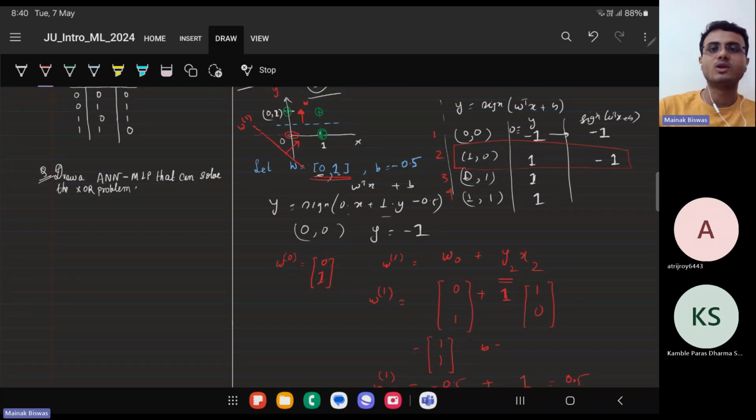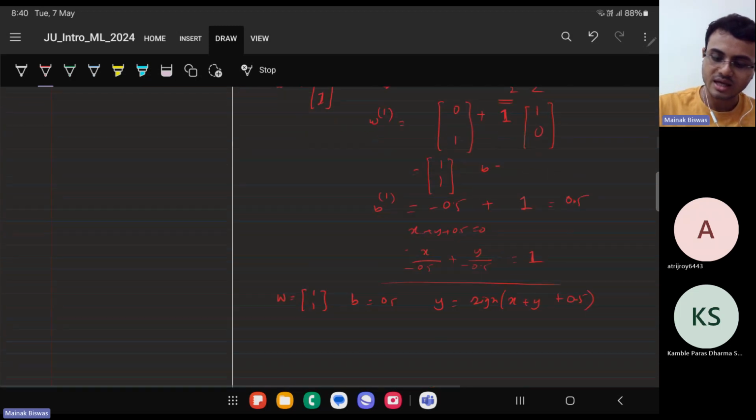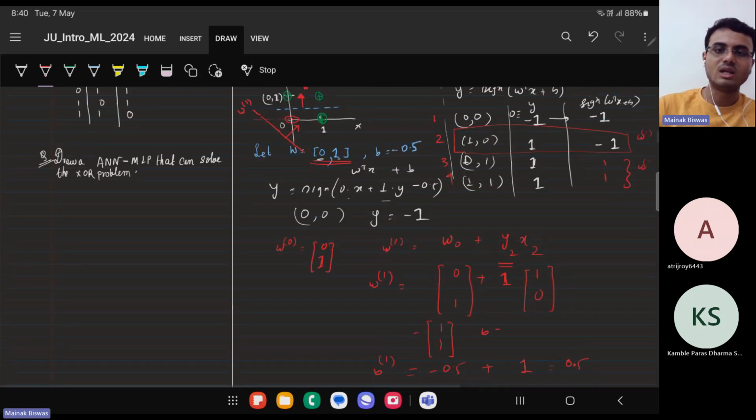This is true for all the positive points, right? For W1, this is still going to be 1, because I have all positive values here. Just see x plus y is greater than 0 for all combinations of 0, 1s, because we have only binary values here.